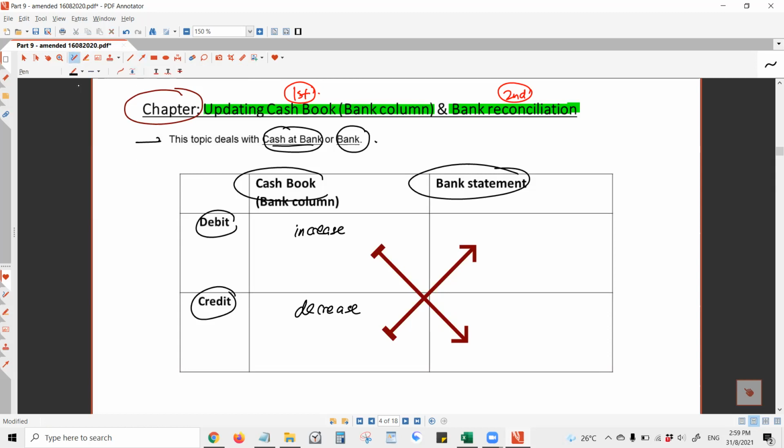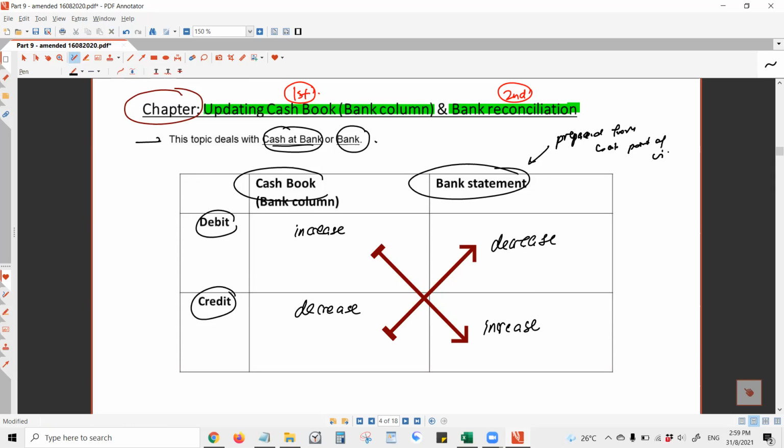The credit column in the bank statement means an increase, and the debit column means a decrease. The reasons I taught you in part 4. The main reason is that the bank statement is prepared from the bank's point of view.